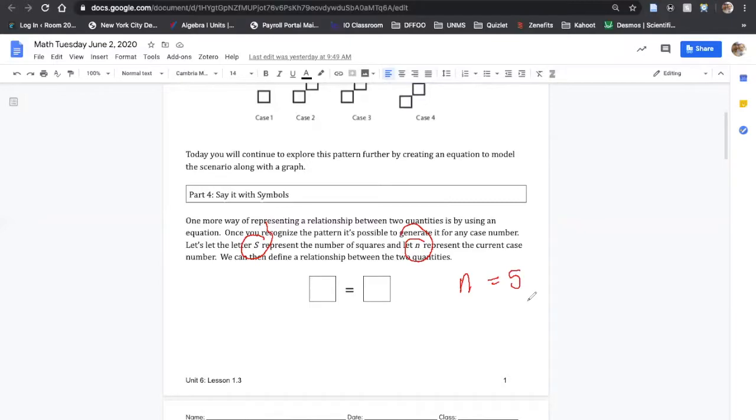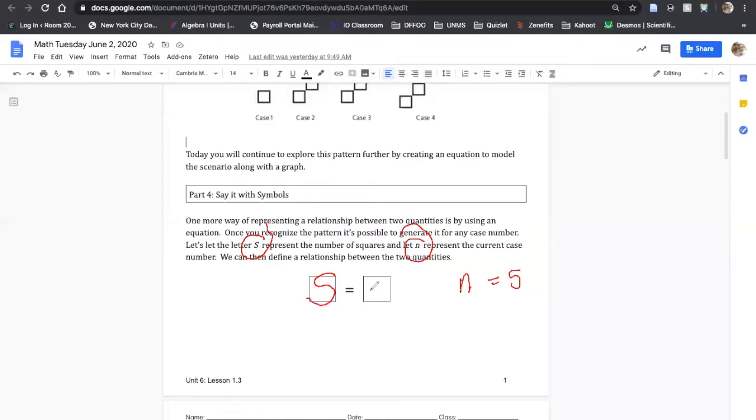So the idea is that when we have our equation, if you know the current case number, the equation tells you how many squares that you should have. So what the relationship ends up being here is that we know the number of squares in any case is going to have to be equal to whatever the case number is, right?